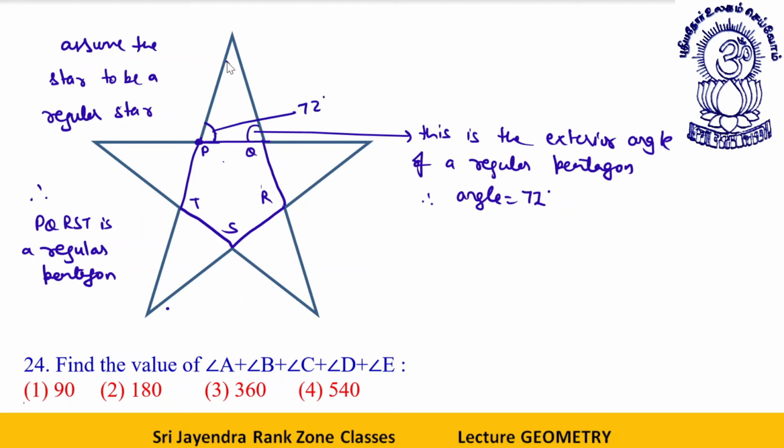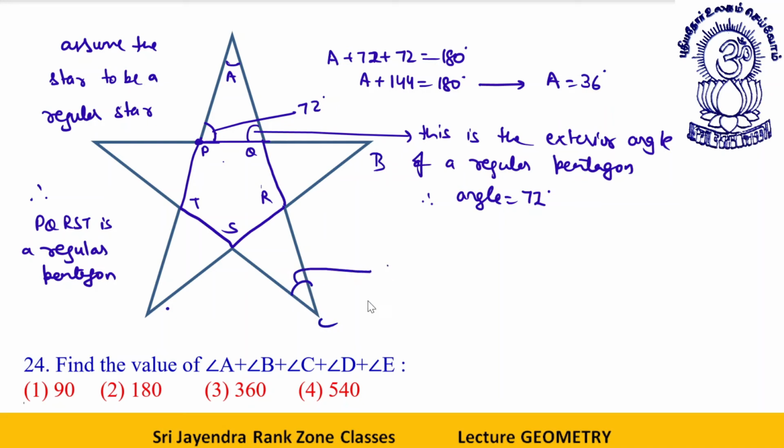This 72, this 72, this is A. What will happen? A plus 72 plus 72 is equal to 180 degree, or I can say A plus 144 is equal to 180 degree. From here I get A is equal to 36 degree. Similarly, if this is vertex B, this is vertex C, angle C is equal to 36 degree.